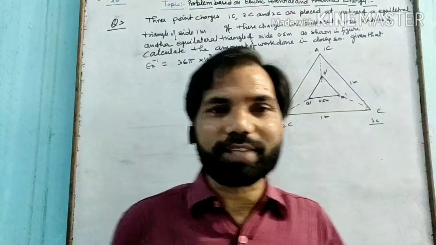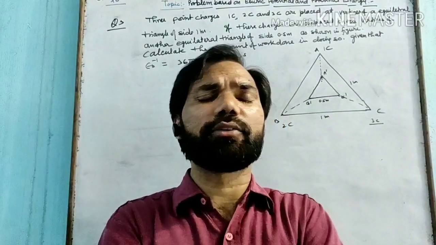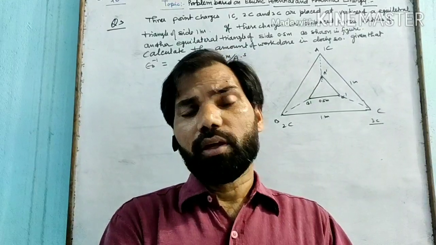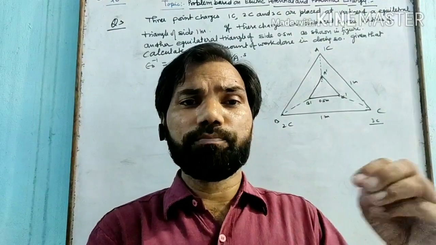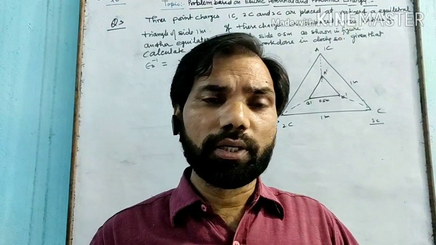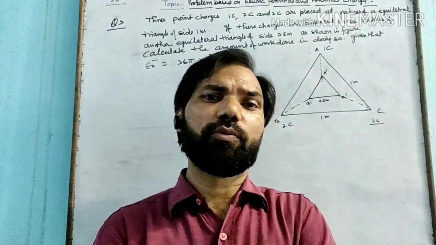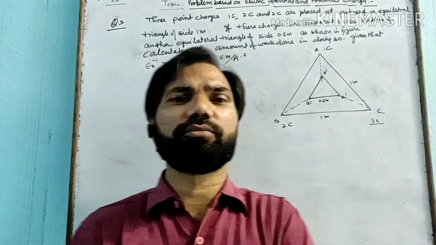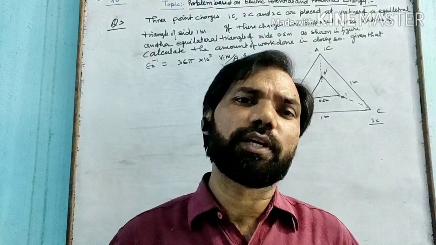They are placed at the vertices of an equilateral triangle, and these charges are displaced from their position to a different equilateral triangle of different side, and we have to calculate the amount of work done in doing so.